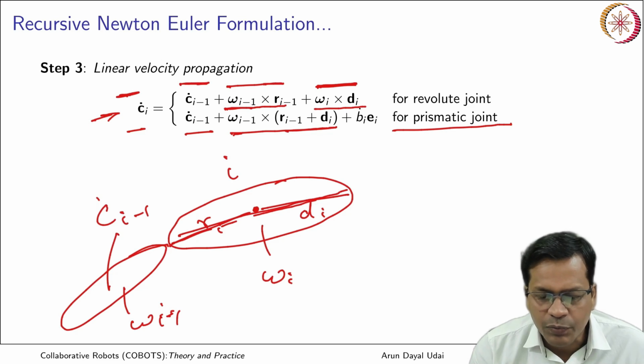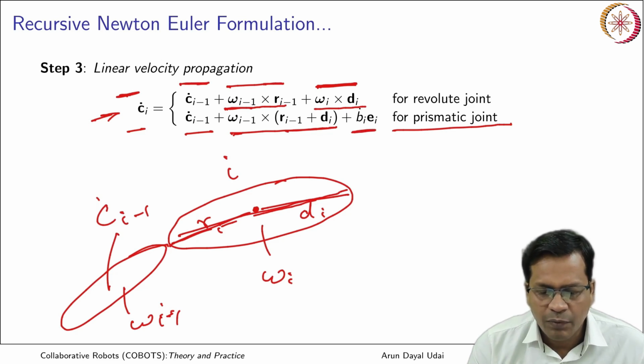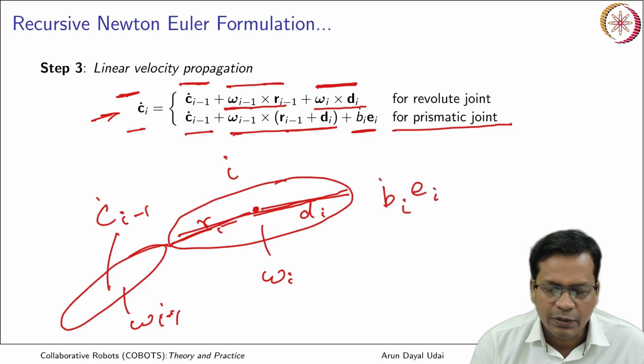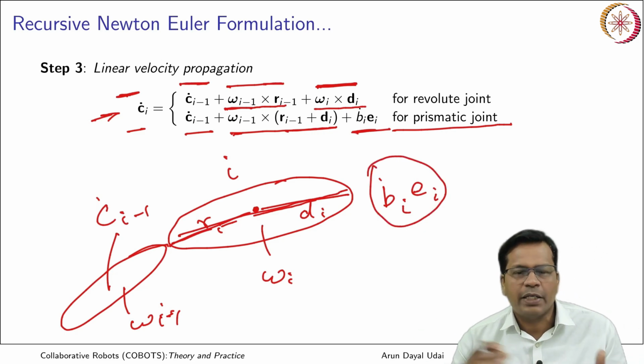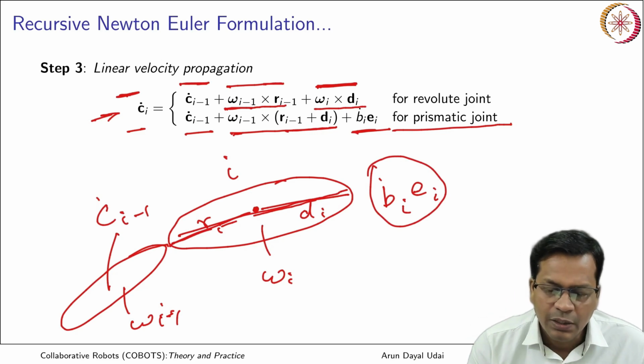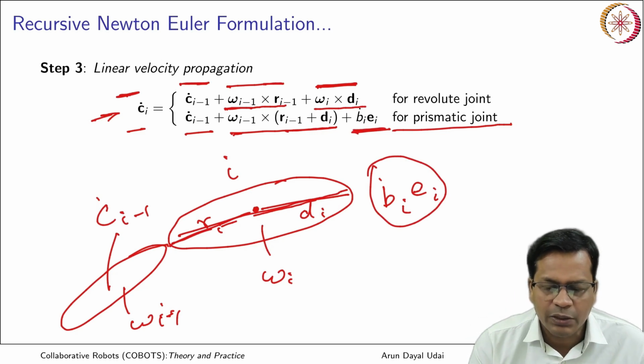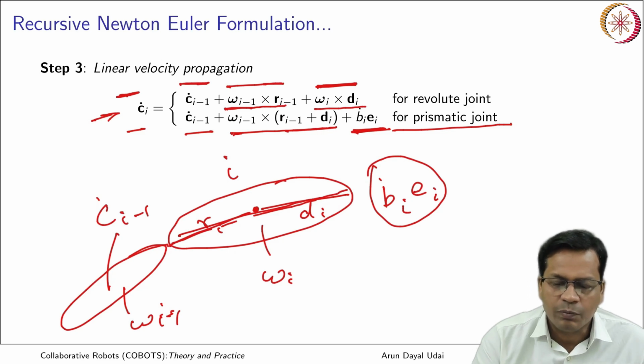And because of its own extension or retraction, that is the velocity of the prismatic joint into the direction vector Ei, that creates a contribution. This time you also have Bi, that is also expanding, right. So, the rate of change of that prismatic joint comes here. So, that is also creating the velocity components.